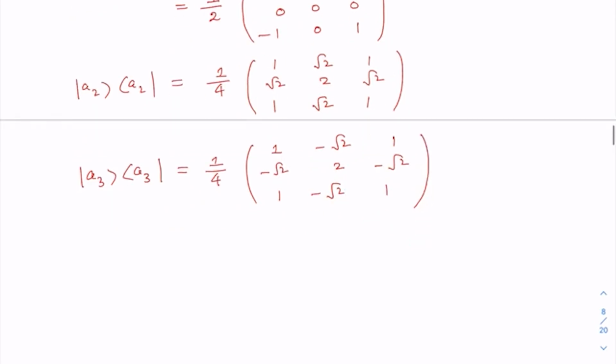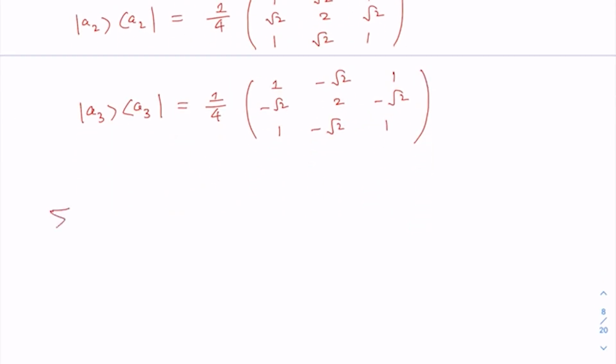So now if you sum all these things, that is the sum over i equal to 1, 2, 3 of ket ai bra ai, let me write it here.